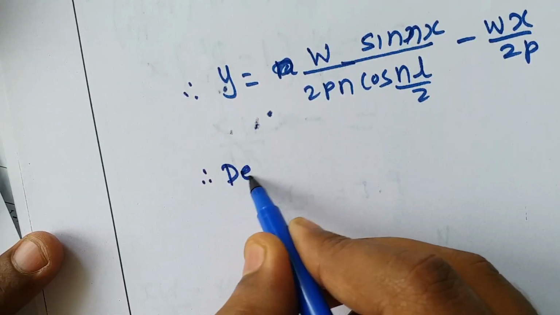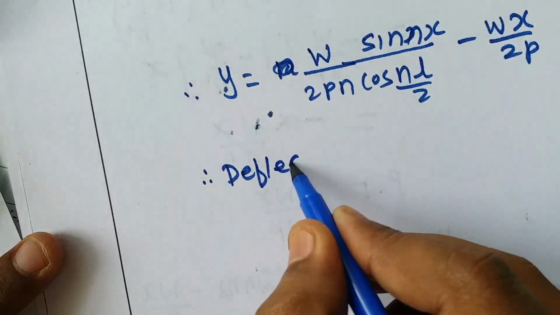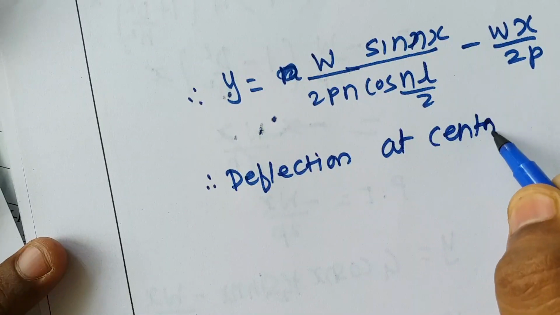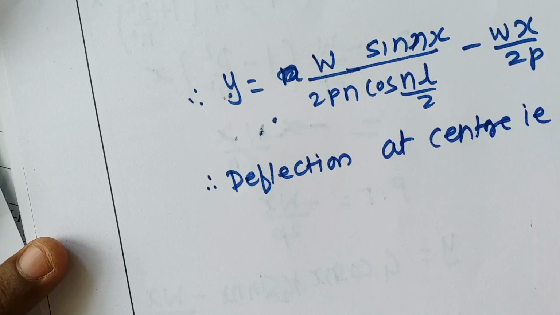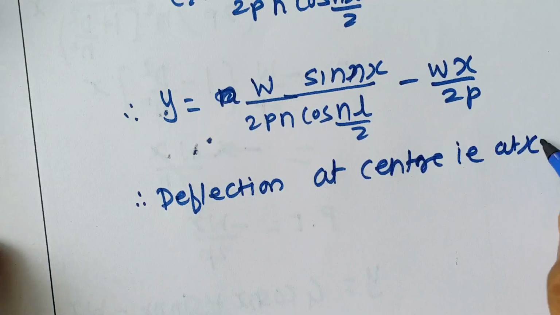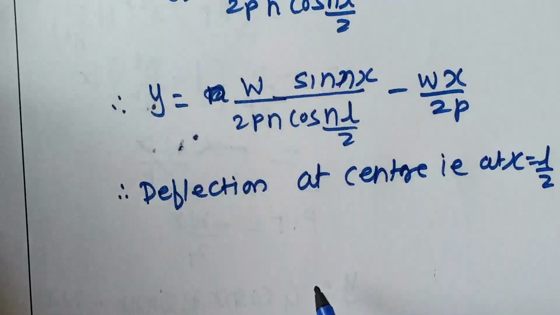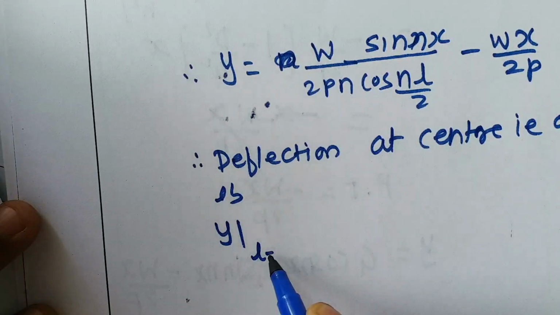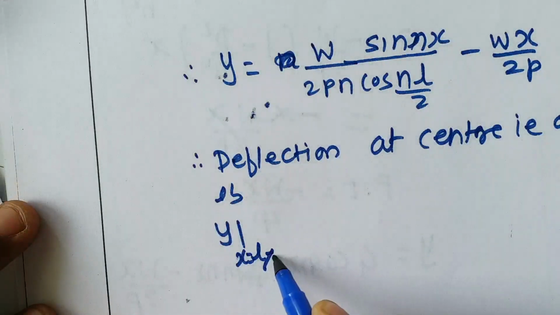Therefore the deflection, that is the y at the center, that is at x equal to L by 2, is y at L by 2 we are calculating.